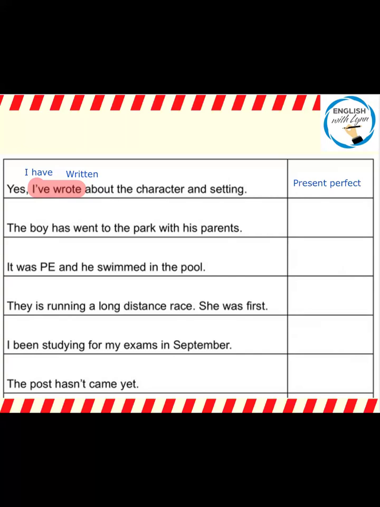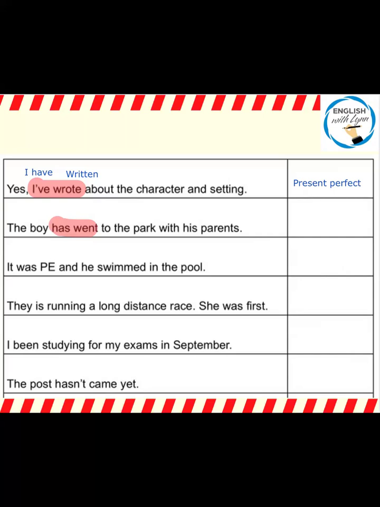And the next one is something that I read an awful lot when I'm looking at writing, and it isn't necessarily that they've went to the park. It is this part here where it says he has went. Now, again, it is the wrong use of the verb, because think about your verb tables. Went is a past tense verb.